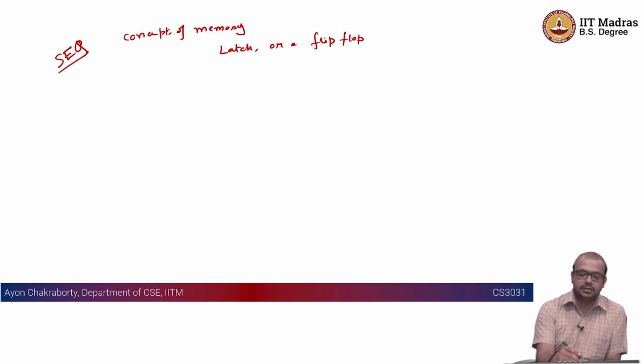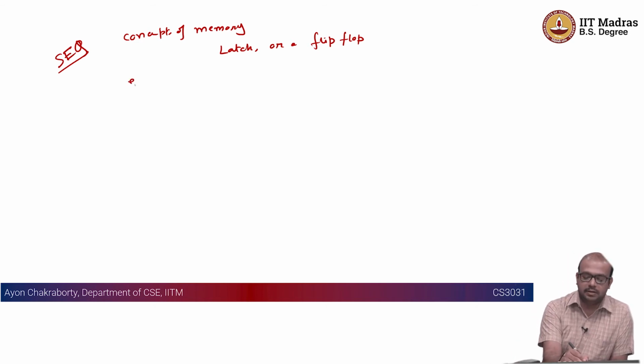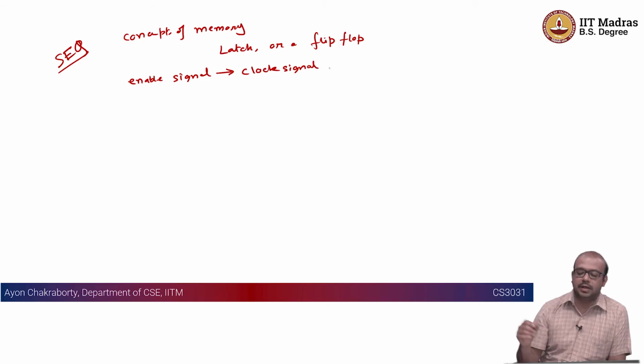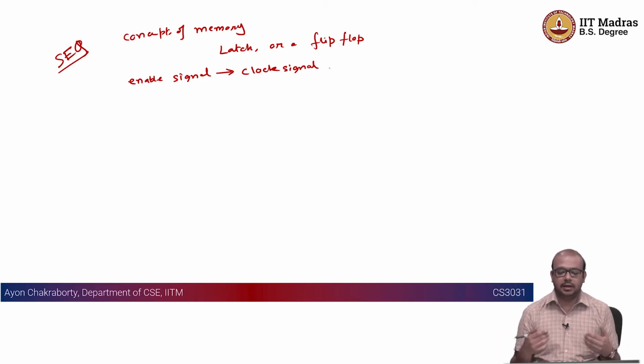So we have a concept of an enable signal. Often it later evolved into a clock signal. So when the clock is high, the latch is triggered, right, and the clock is high for a finite period of time, and the clock is not high for another finite period of time, right.